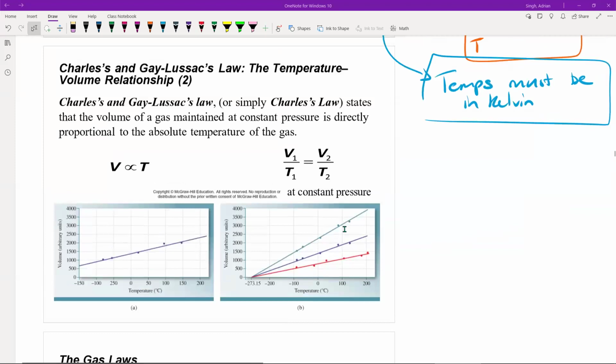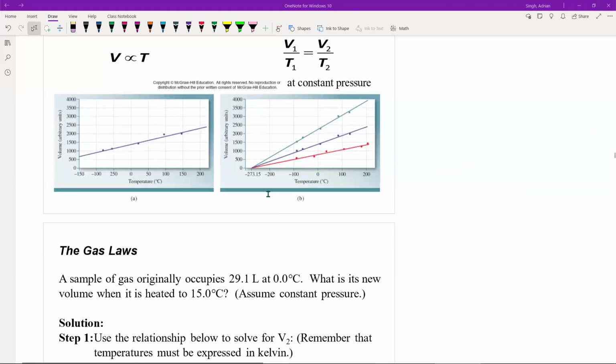Based on Charles' law, what we can also do is plot changes in the volume of a sample as we increase the temperature, for instance, right? So as temperature goes up, the volume increases as well. So we see that these slopes for these different gases are sloping upwards.